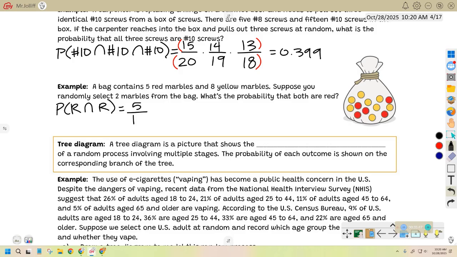Five over 13. Good. And what did you get when you did that? 128. Can I get a thumbs up if we also got 0.128? Very good. Very good.